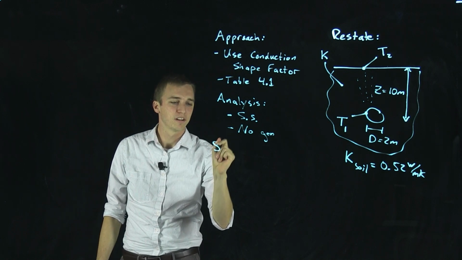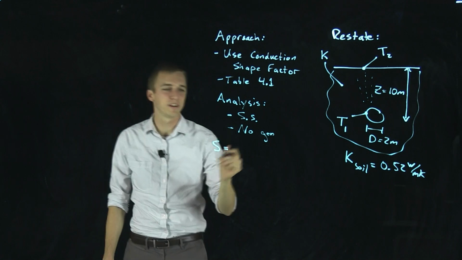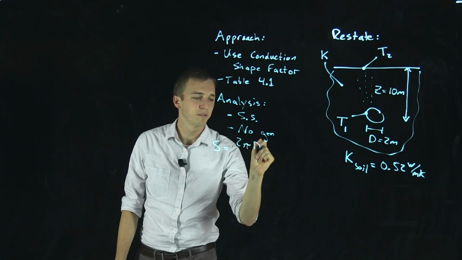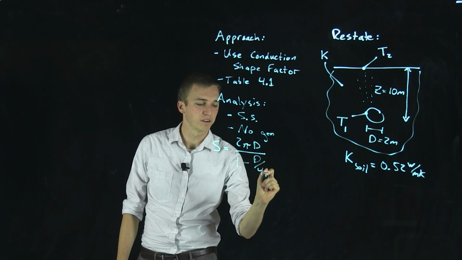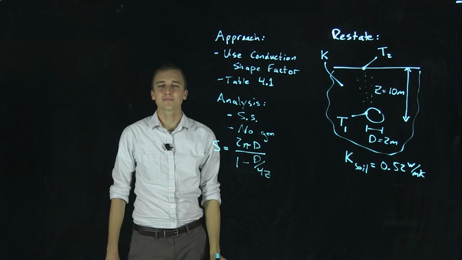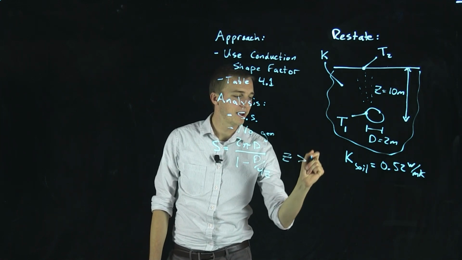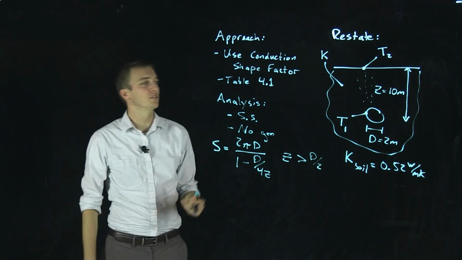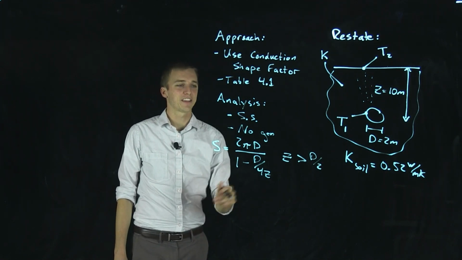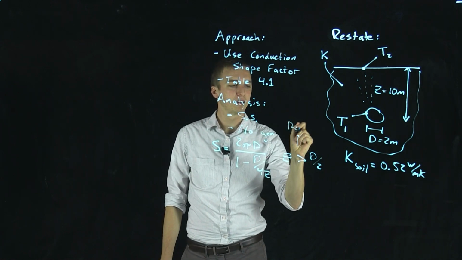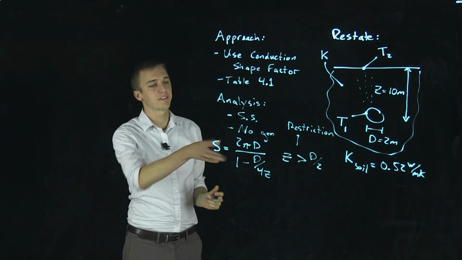So we look up the conduction shape factor in table 4.1 for case 1, and that is 2 pi d over 1 minus d over 4z. Okay, and that stipulates that z must be greater than d divided by 2, which, just looking at our numbers, we are definitely satisfying that restriction. That is a restriction, which is also in the table. Okay, we have our shape factor.